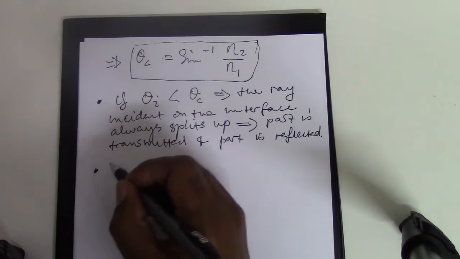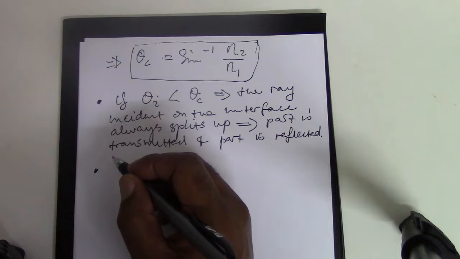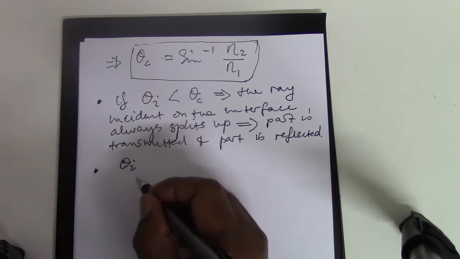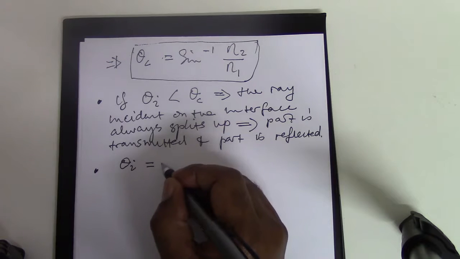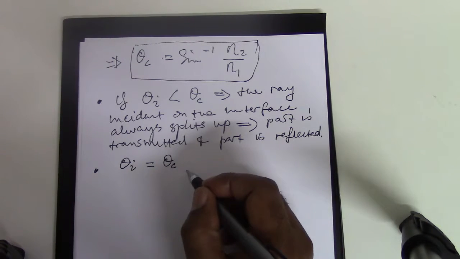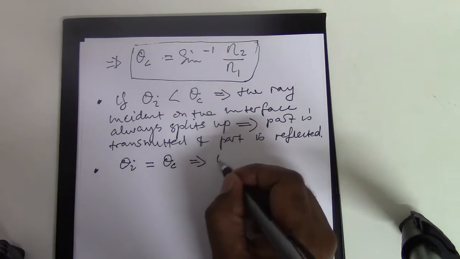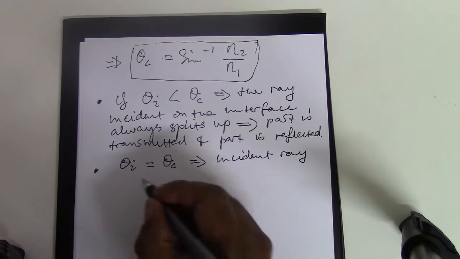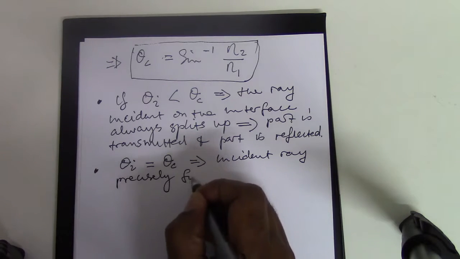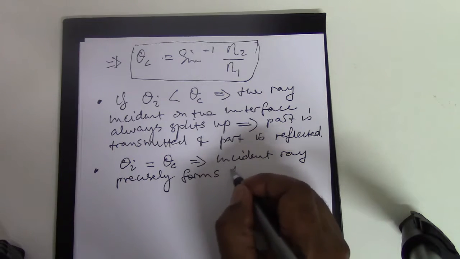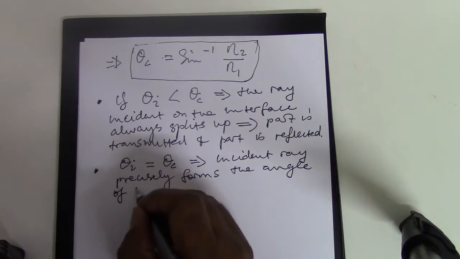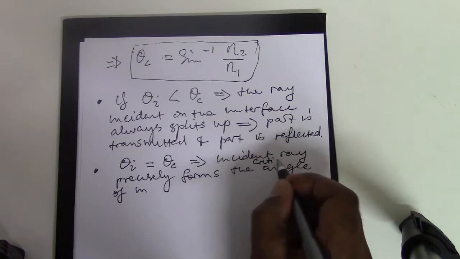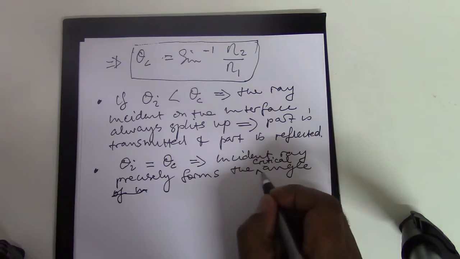Now, the second point is that if the ray is precisely at the critical angle, in other words, if theta I, the angle of incidence, is equal to the critical angle, we are saying the incident ray precisely forms the critical angle.